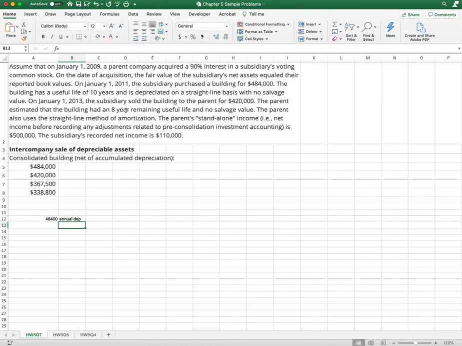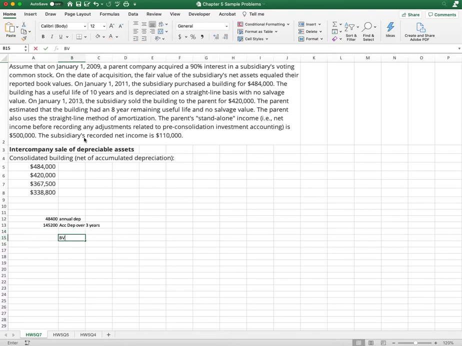So I'm assuming that we're looking at the end of 2013, so really we need to account for 3 years of depreciation. So this is our accumulated depreciation over 3 years.